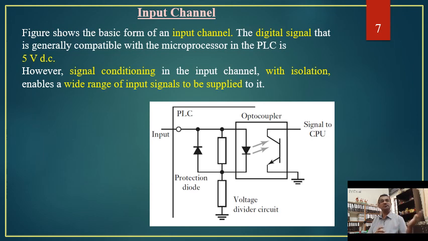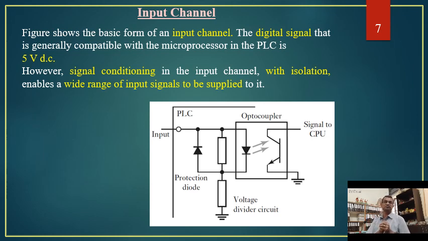And when we connect a very high voltage to a PLC, there is a danger that the high voltage may burn the PLC. That is why proper isolation between these high voltage devices like motors and solenoid coils must be done from the low voltage working PLCs.